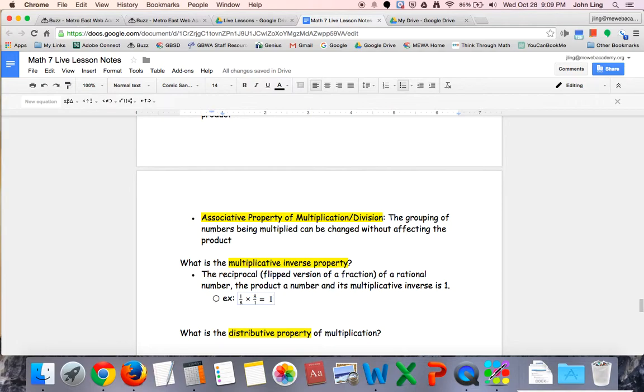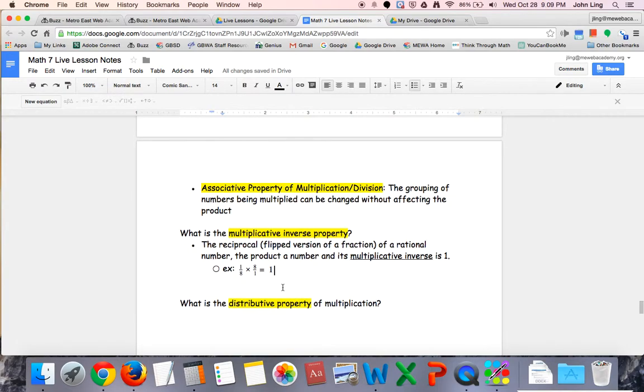So if you take any number and multiply it by its multiplicative inverse, which is just the flipped version of that same number, then you get 1. So this 8 over 1 is the multiplicative inverse in this case.